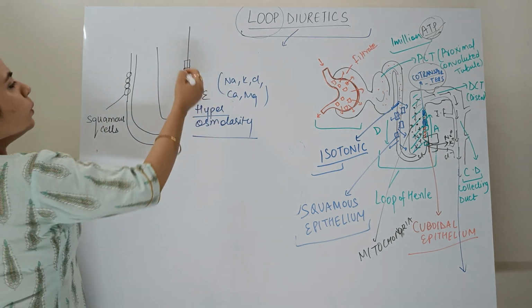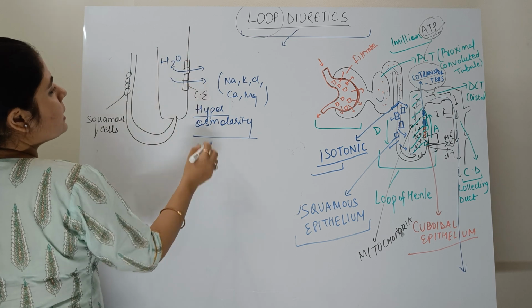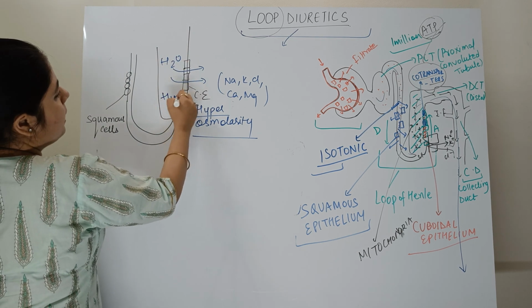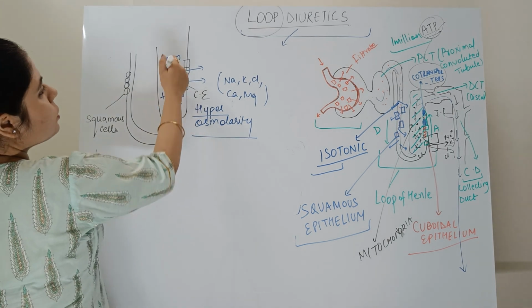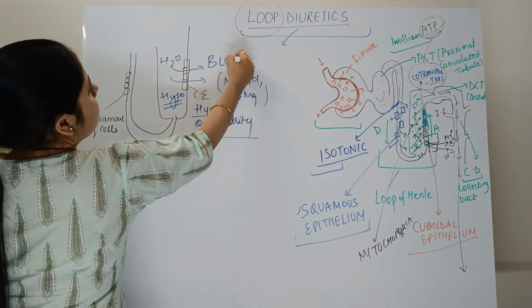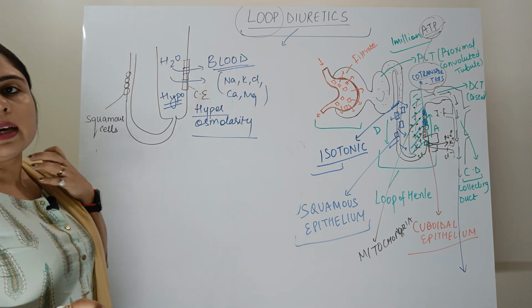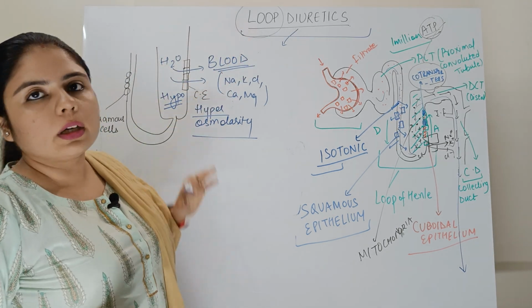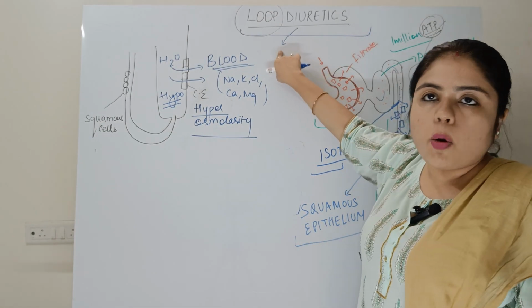This led to the reabsorption of water to balance out this hypoosmolarity and hyperosmolarity. So this is how the water was reabsorbed into the blood, and this prevented the excessive loss of water from the body. But in case of loop diuretics, we exactly need the opposite of that.